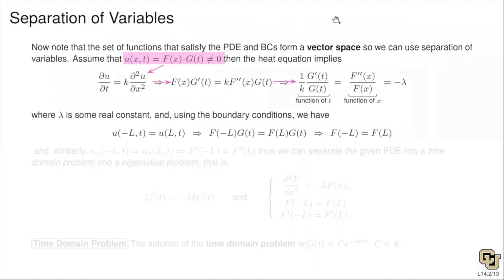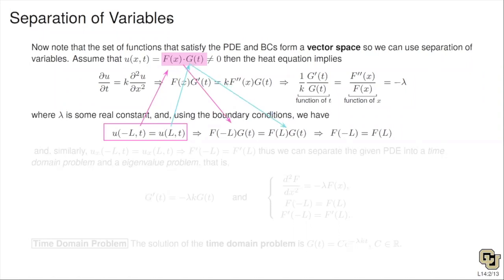So here, this part's slightly different from what we've done in the past. Here we have these type of perfect thermal contact boundary conditions. So here we say U of negative L comma T equals U of capital L comma T. I'm using this assumption right here that U equals F of X times G of T, and I'm plugging in negative L for X and then G of T. And so then we're doing the same thing on the other side using this equation here to get that side.